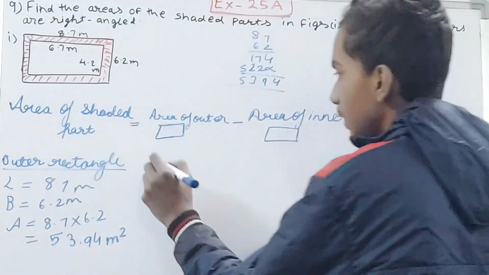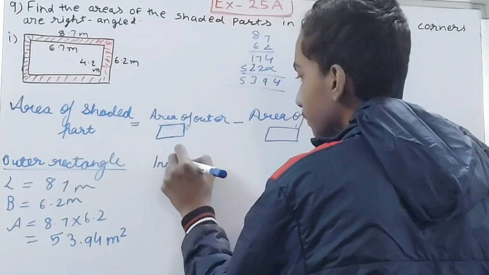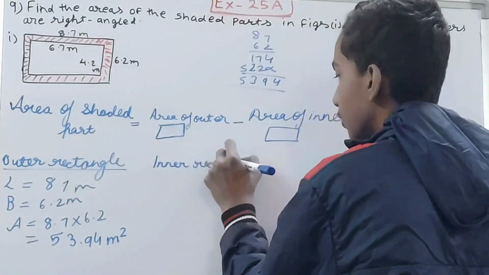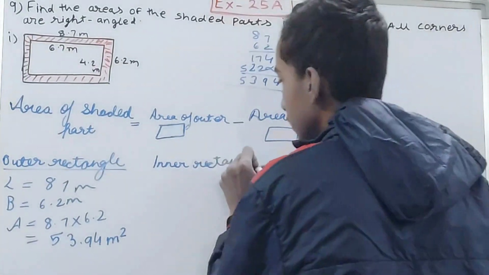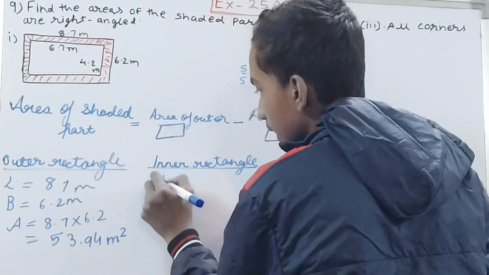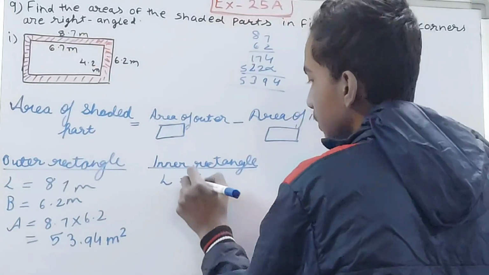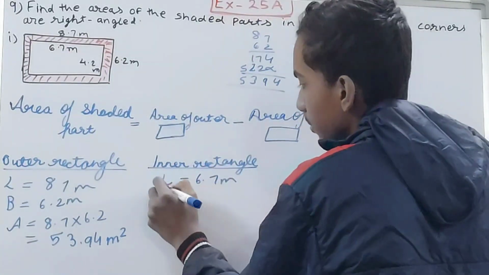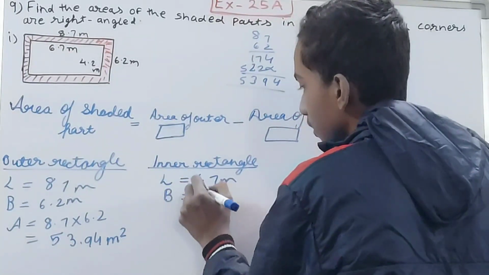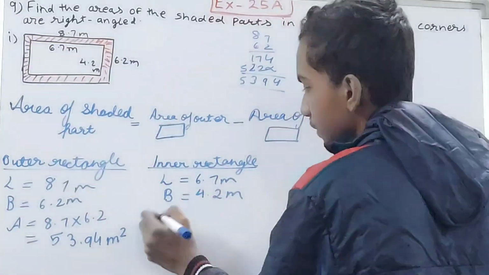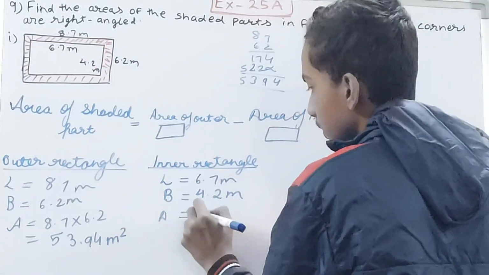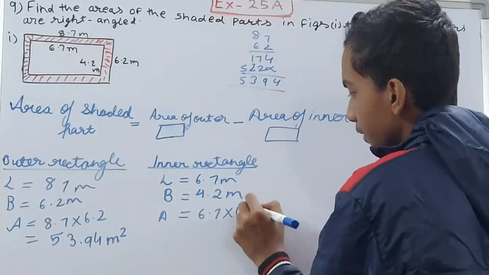Now we move to the inner rectangle, right? Here length is 6.7 meters, breadth is 4.2 meters. So area is 6.7 into 4.2.